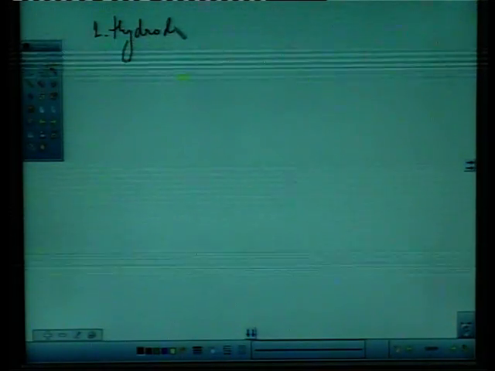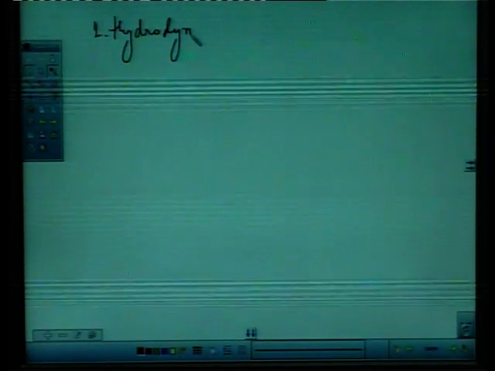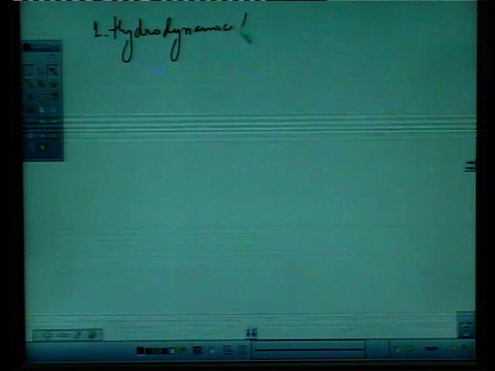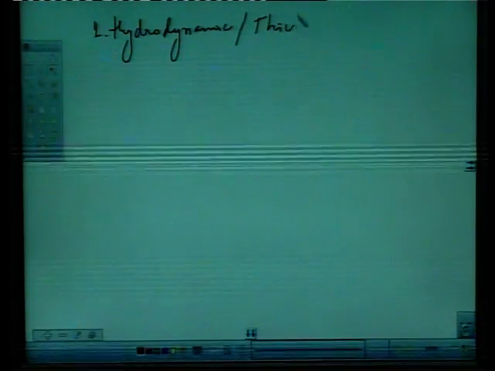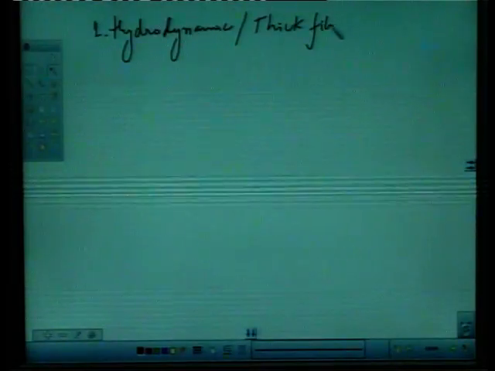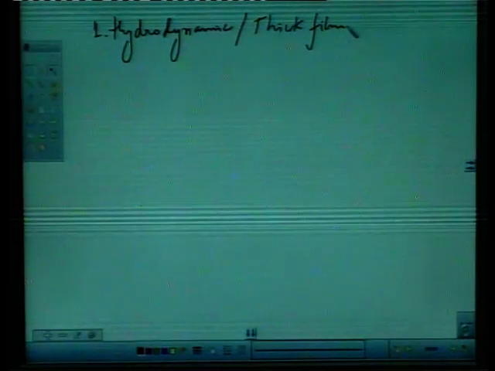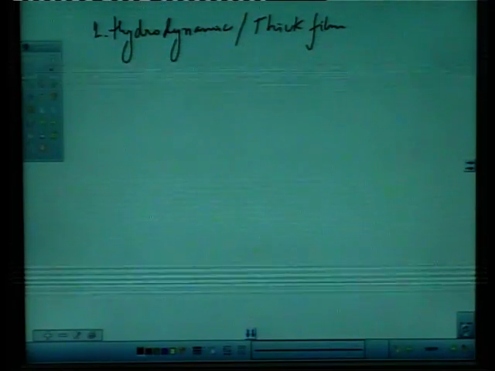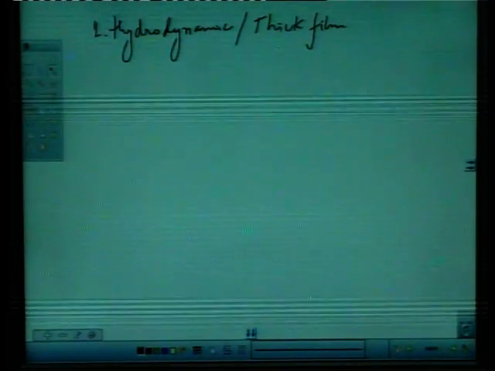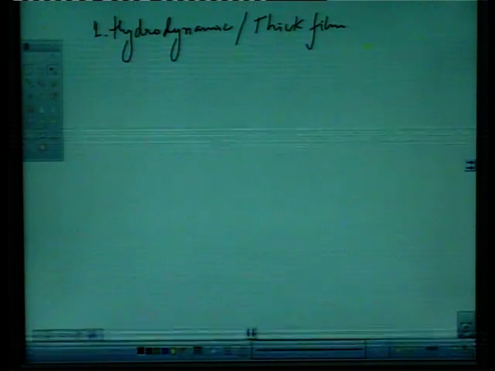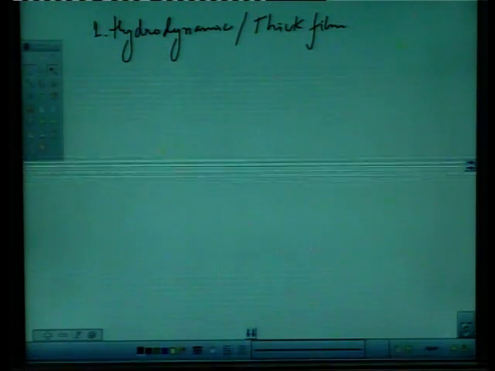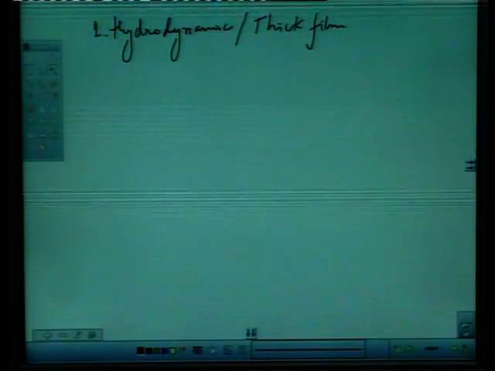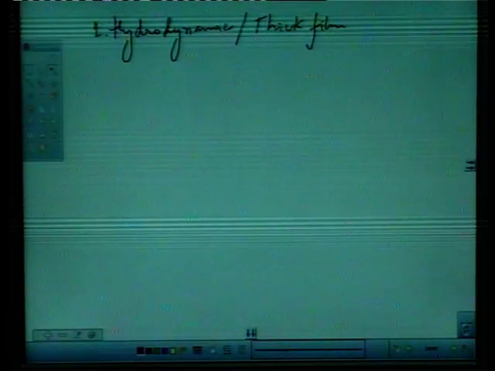First, hydrodynamic or thick film, also called fluid film. In this type of lubrication, a thick layer of lubricant is inserted between the moving parts.